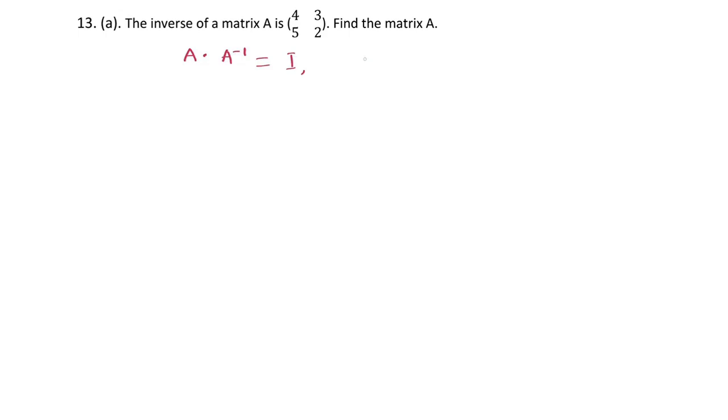And we have to remember that the identity matrix for a 2 by 2 matrix is 1, 0, 0, and 1. Okay, so now we are going to let A equal matrix A, B, C, and D. And we have A inverse, which equals matrix 4, 5, 3, and 2.